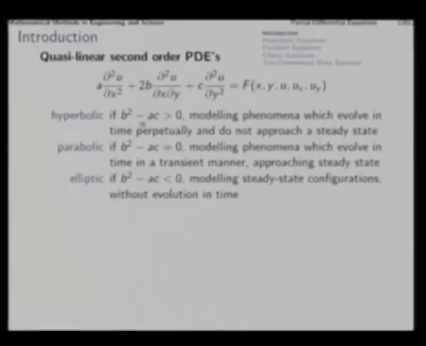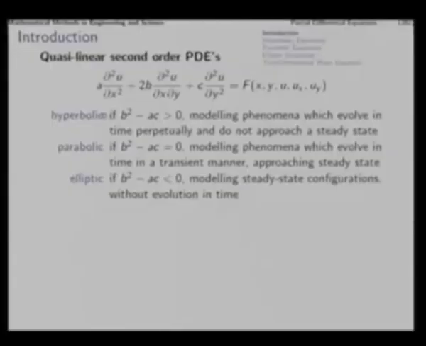Why do we do that? We do that not simply for this particular analogy with the ellipse, hyperbola and parabola, but in order to put different phenomena into different classes. Hyperbolic equations typically model those phenomena which evolve in time. That is, one of the variables is time, and with time the system evolves.